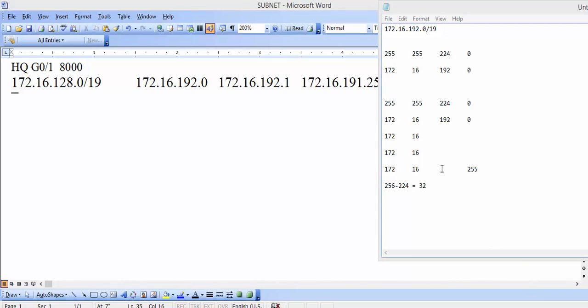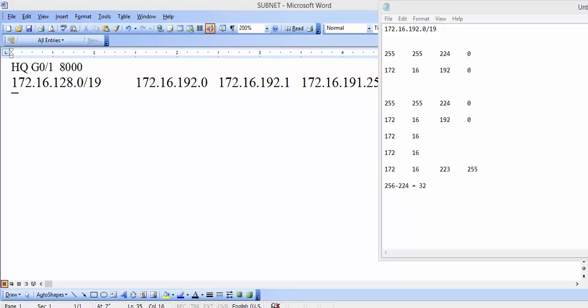Sorry, our next bit range is not going to be 224. It's going to be 1 before 224, which is 223, and we simply fill it in the blank in the broadcast range. So now we get our broadcast address 172.16.223.255.